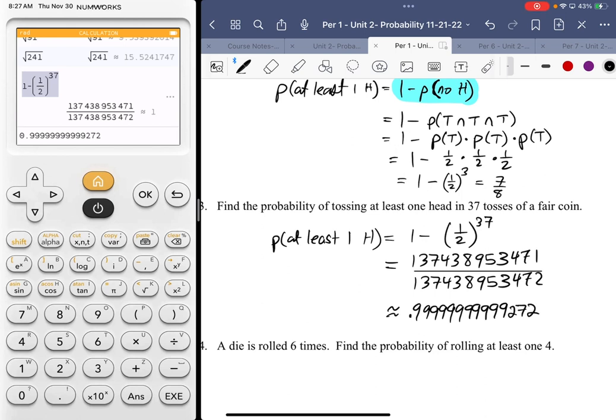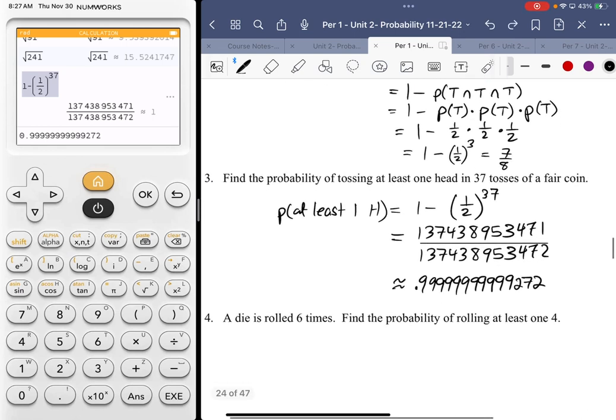I suppose I could have just stopped at a 3 here if I wanted to round it, but it's just 2 additional characters, so it's fine.